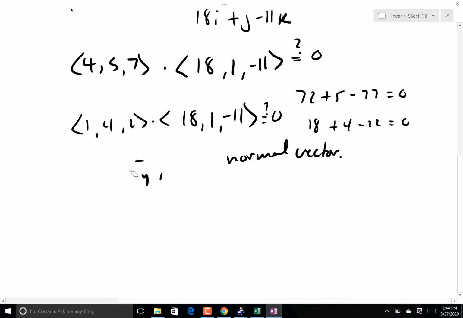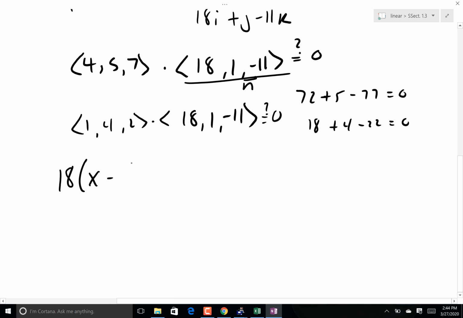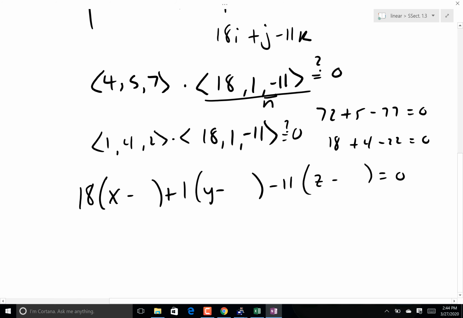But in this case, we just found ourselves a normal vector. This guy right here is the normal vector. So we're going to have 18 times (x minus something) plus 1 times (y minus something) minus 11 times (z minus something) equal to 0.